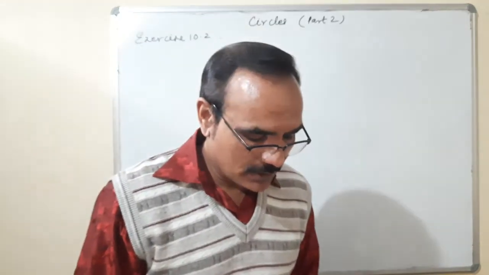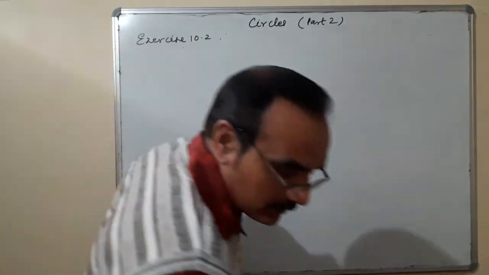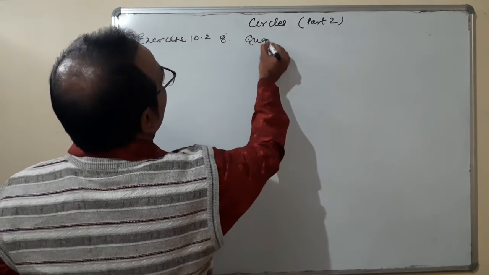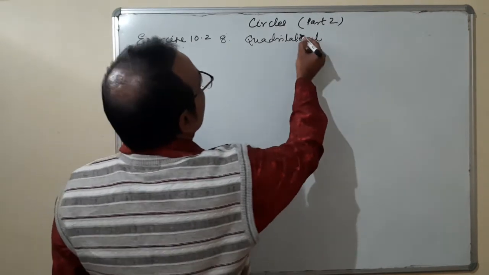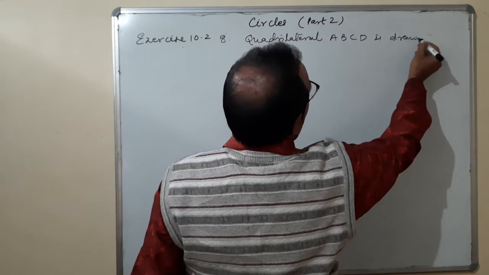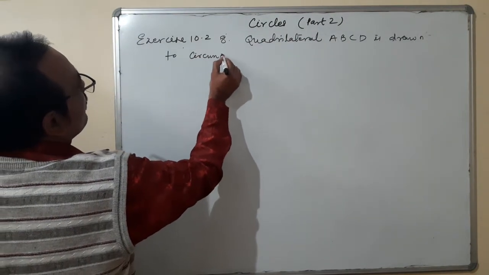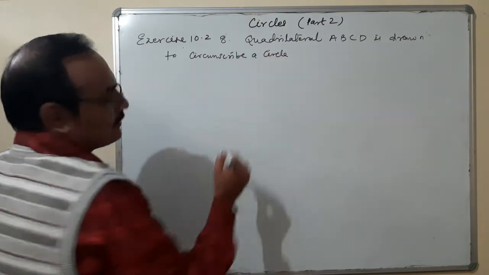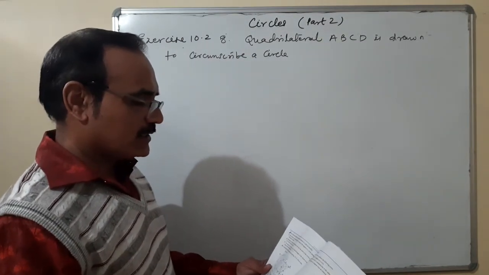Quadrilateral ABCD is drawn to circumscribe a circle.